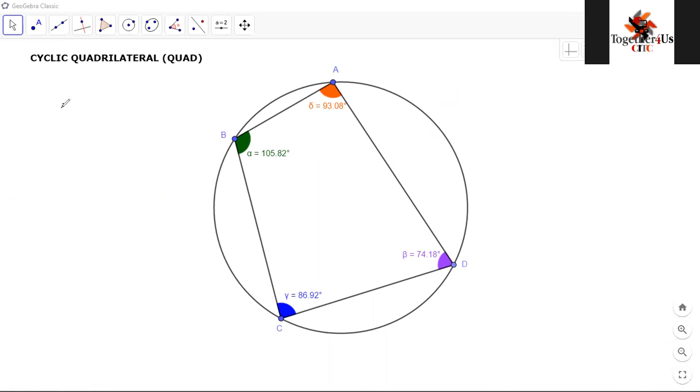So alpha plus beta, guess what? 180 degrees. Now delta plus gamma is also, the sum there is also 180 degrees.